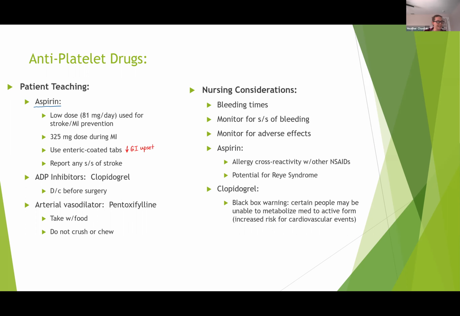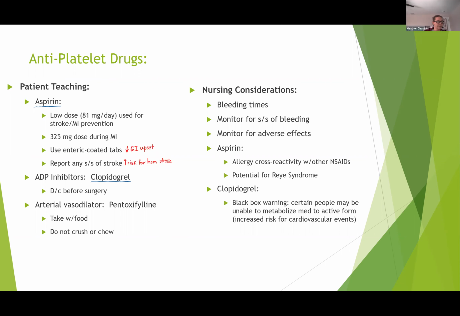They need to report any signs of stroke because remember, aspirin increases their risk for a hemorrhagic stroke. With ADP inhibitors or clopidogrel, they need to discontinue before surgery, but basically all of them should probably be discontinued before surgery.